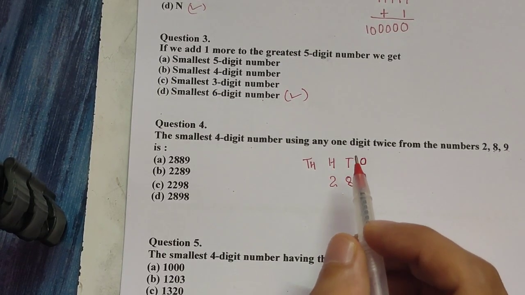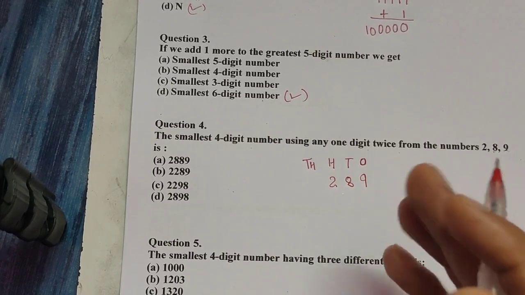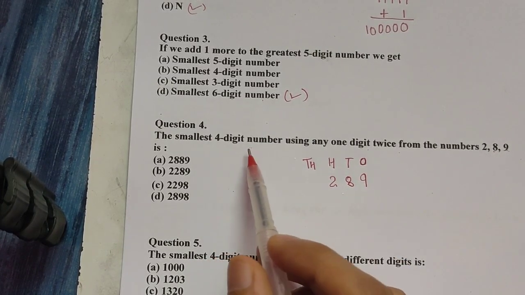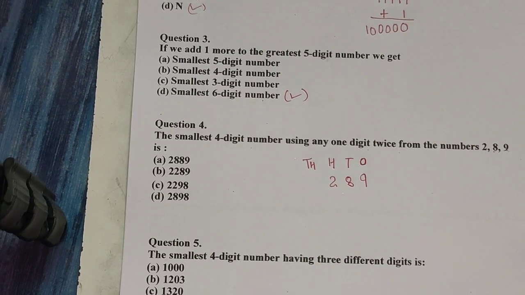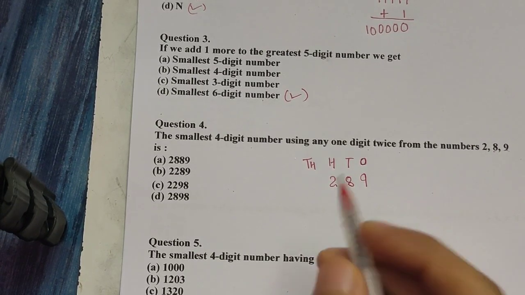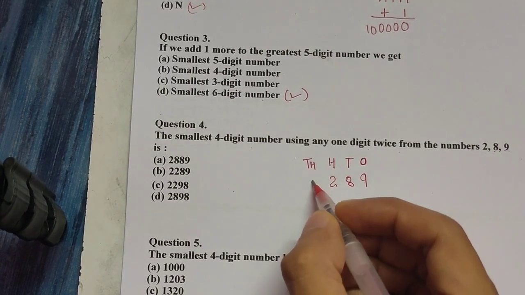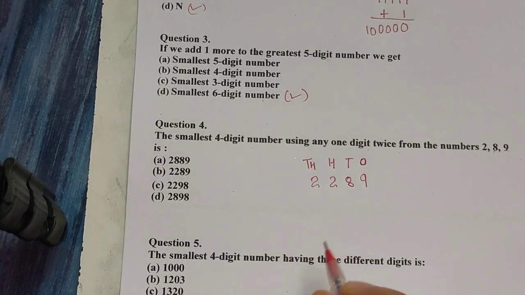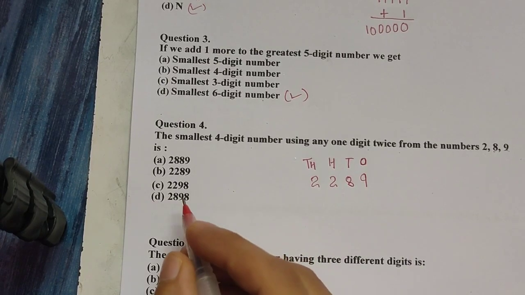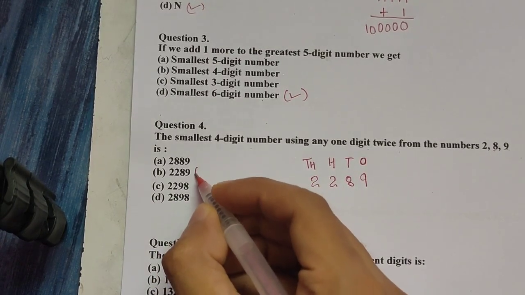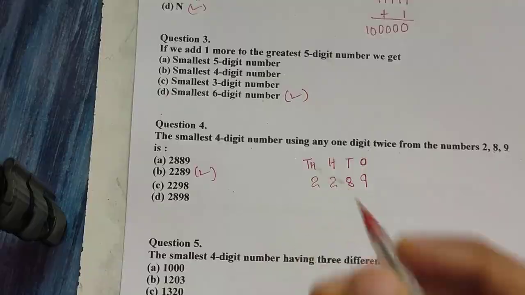Again, the condition is the smallest 4-digit number, so we will repeat the number which is small. Here 2 is the smallest, so I will repeat the 2. So the smallest 4-digit number from 2, 8, 9 by repeating 1 digit is 2289. It means the option B is correct.